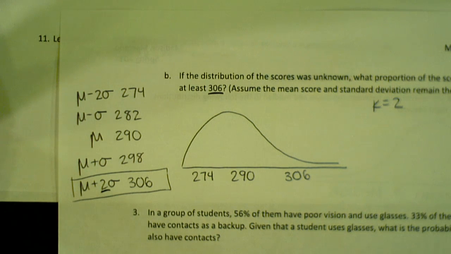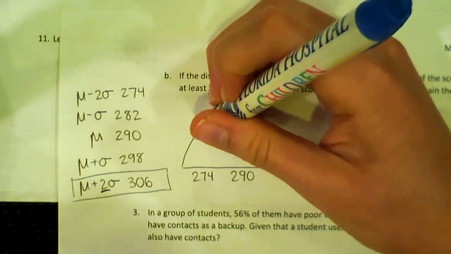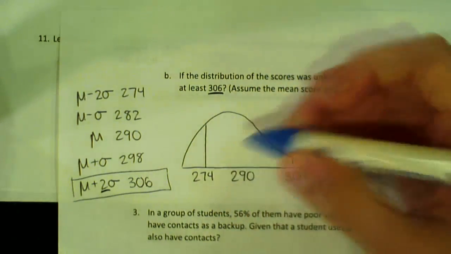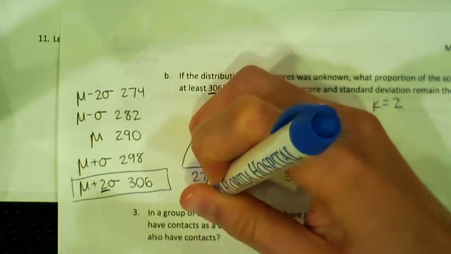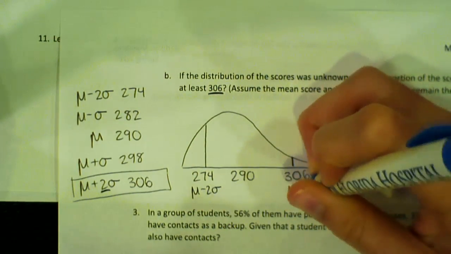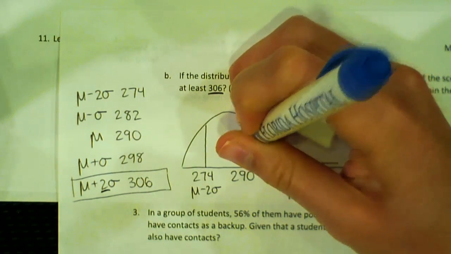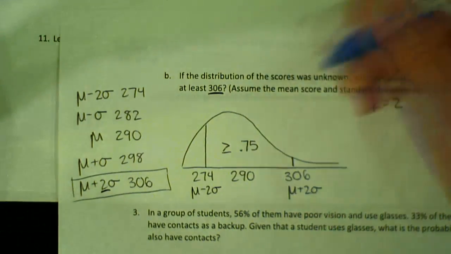When it comes to Chebyshev's rule, does everybody remember that at least 3/4 of the distribution is within 2 standard deviations from the mean? So if we have at least 3/4 of the distribution within 2 standard deviations, this would be at least 75%, which is just 3/4.